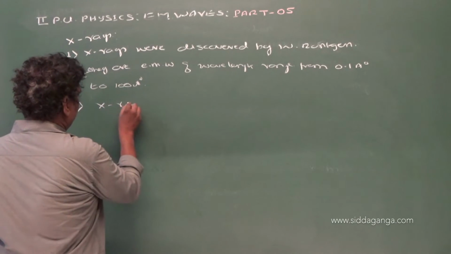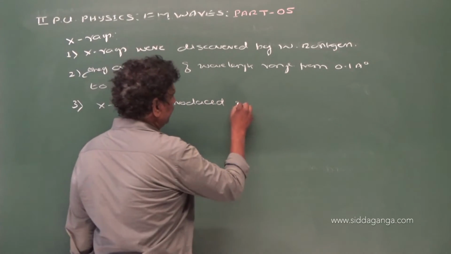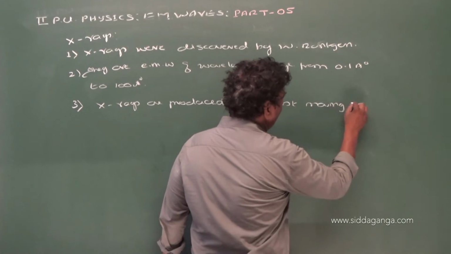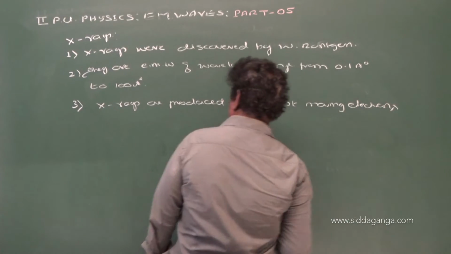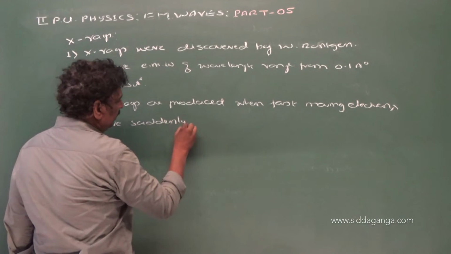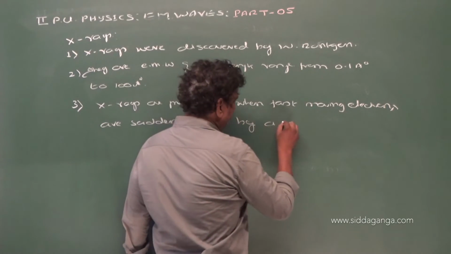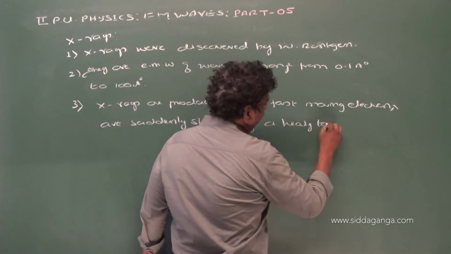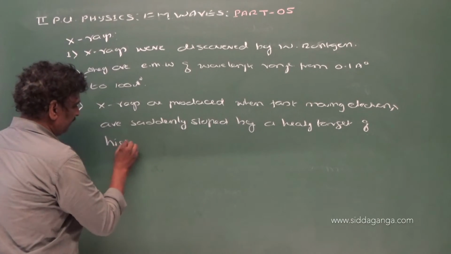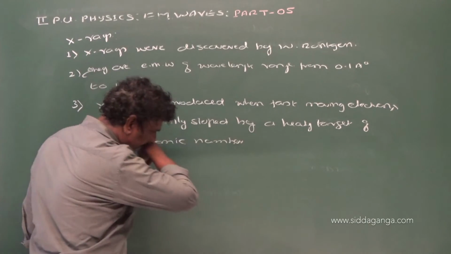Now, regarding the production of X-rays, X-rays are produced when fast moving electrons are suddenly stopped by a heavy metallic target of high atomic number, right?